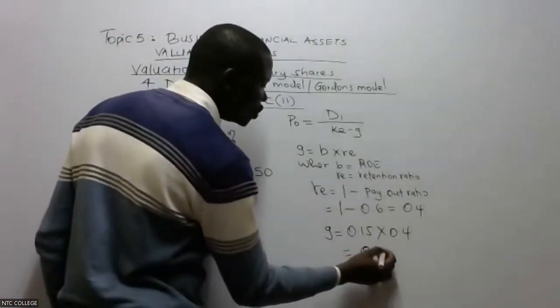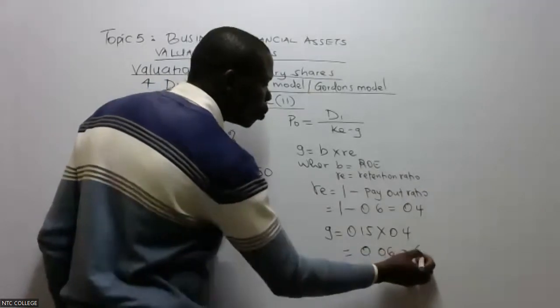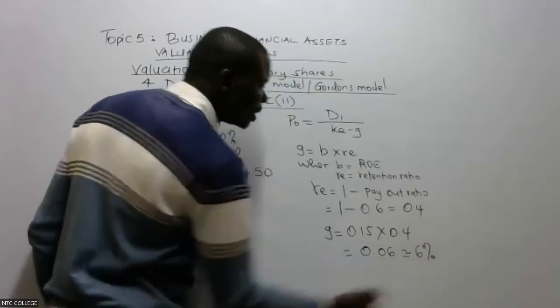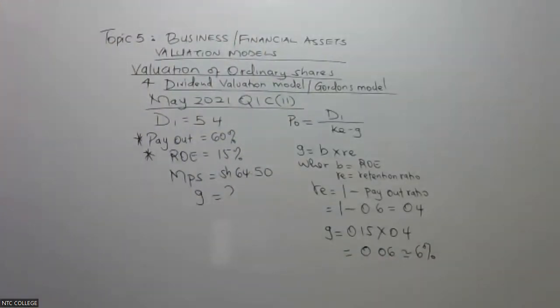So we have a G of 0.06, which is equivalent to 6%, right? That's our G.